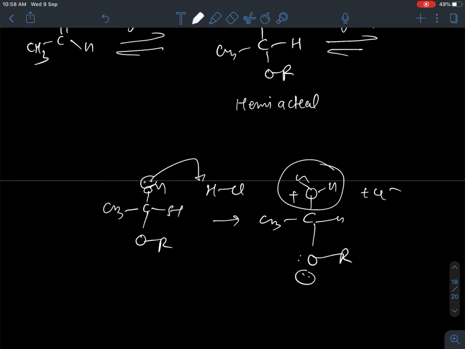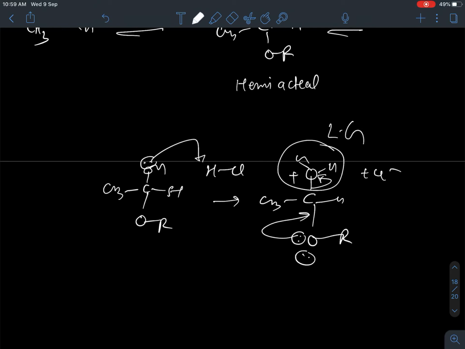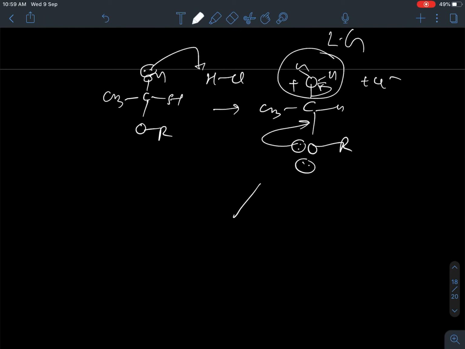This is now a leaving group, so this will give a push back and the water will leave the molecule. And look at this, the carbocation is stable also.